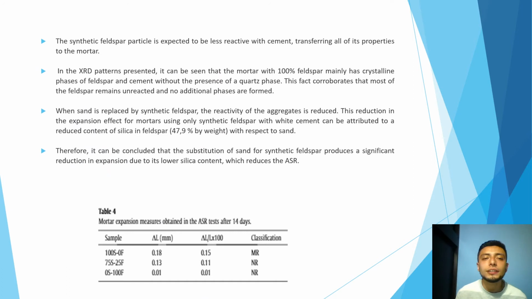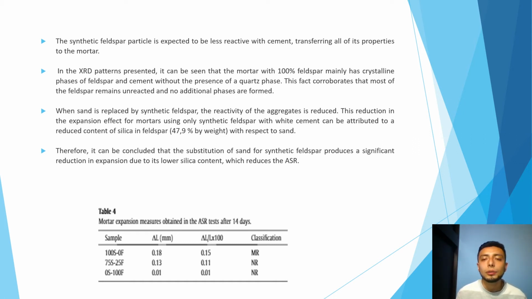The synthetic feldspar particle is expected to be less reactive with the cement, transferring all of the properties of the mortar. In the XRD pattern presented, it can be seen that the mortar with 100% feldspar mainly has crystalline phases of the feldspar and cement without the presence of quartz phase.